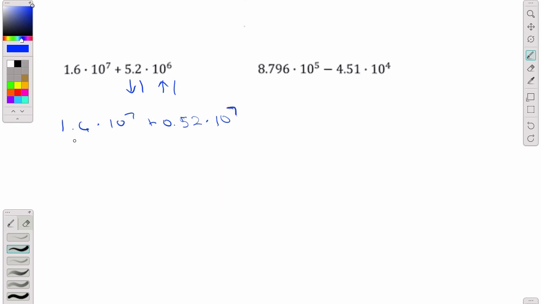There we go. Now I can just take my two leading digits and add those two up normally. That'll give me 2.12. And I'll keep my 10 to the 7th.